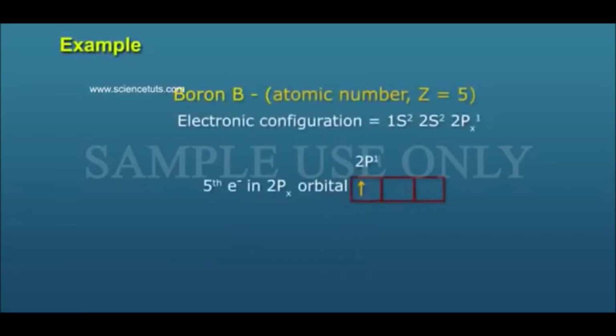Examples. Boron, B, atomic number Z is equal to 5. Electronic configuration is 1s2, 2s2, 2px1. The 5th electron enters the 2px orbital.